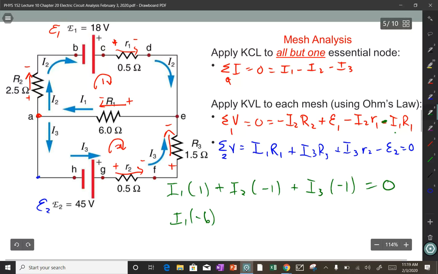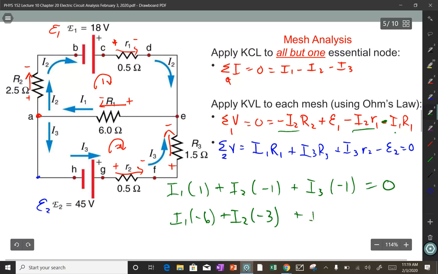I2 was here and here. So I have R2 and lowercase r1. R2 is 2.5, lowercase r1 is 0.5. 2.5 plus 0.5 is 3, so that's a minus 3 ohms. I3, there is no I3 in that equation.